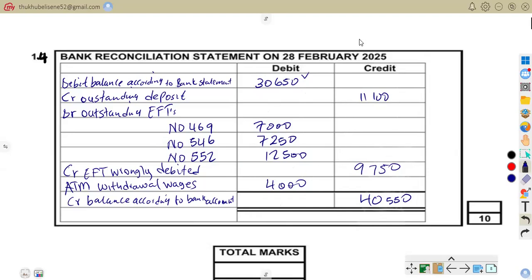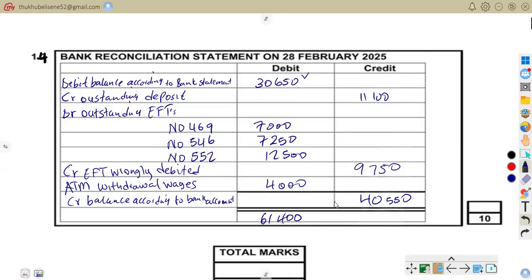I hope we are together. When you add this side to see whether it will balance, you can see when you add 30,650 to this outstanding amount, as well as the ATM withdrawal of 4,000, and add all this together, you are going to get 61,400.